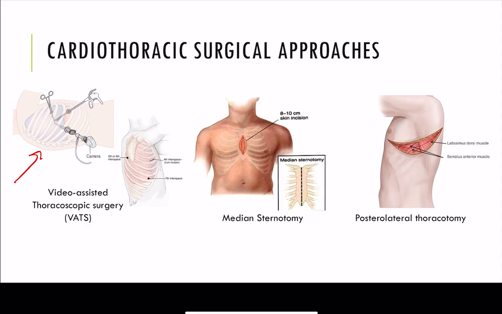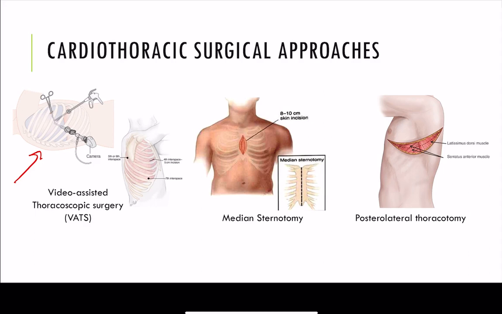The big benefit of going in with a scope is that you have way less pain when you're not spreading open the ribs, much shorter hospital stays, they don't lose as much blood, and when you don't cut in and spread the ribs, they have way fewer pulmonary complications. These patients get up, they get moving faster, they have a less severe inflammatory profile, they do much, much better.